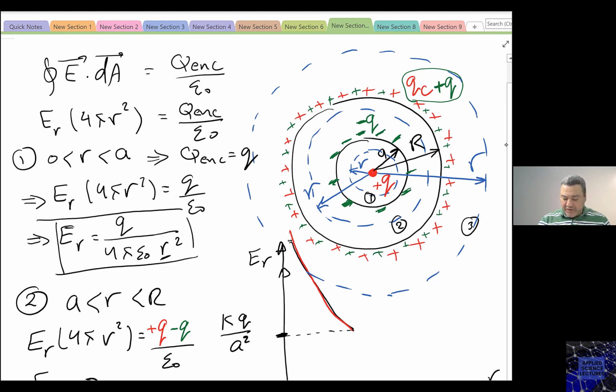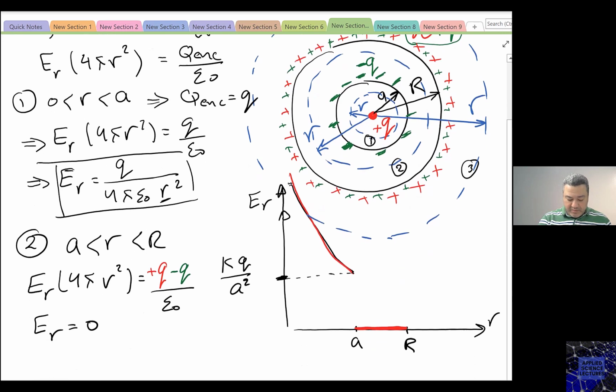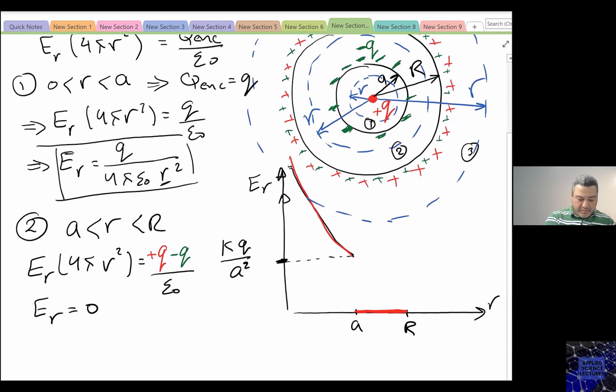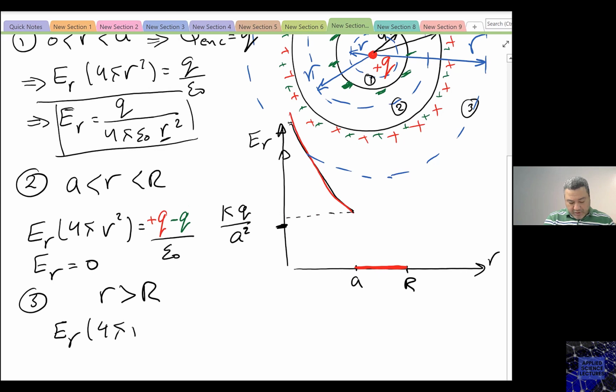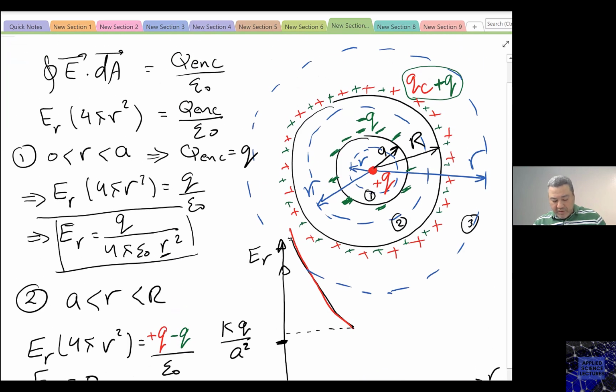However, this variable r, this radius r, now takes a range that is greater than capital R. So this goes from R and ends at infinity. This is basically the range. Now here I need to calculate the Q enclosed. Now let's look at this figure.